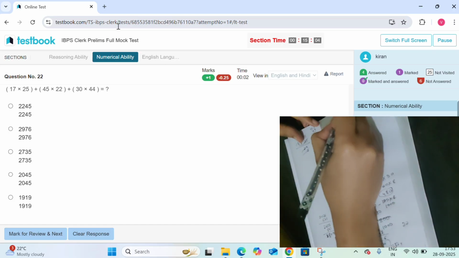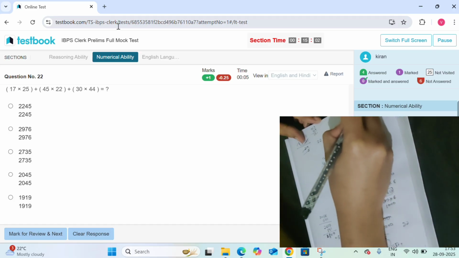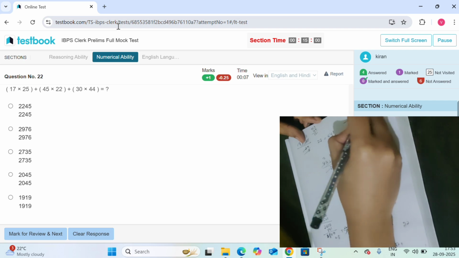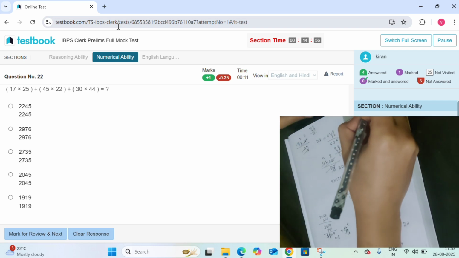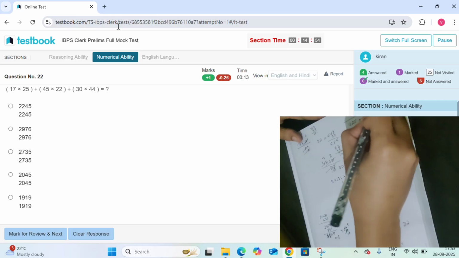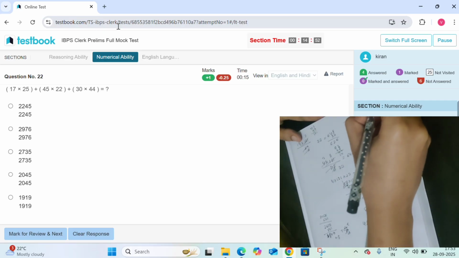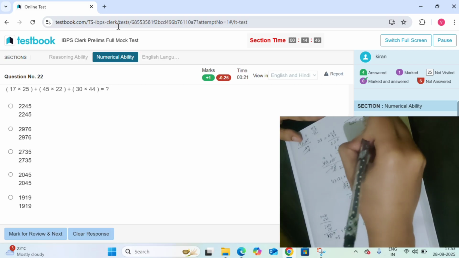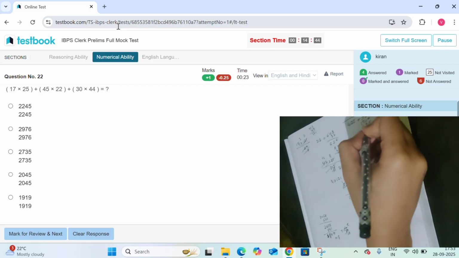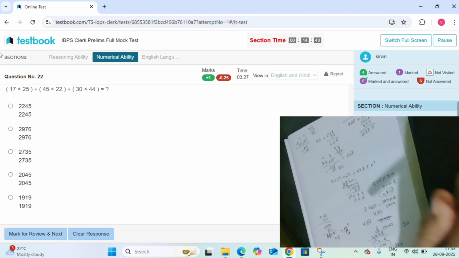17 into 25, 340 and 85, that is 425, plus 45 into 2, that is 90, 990, plus 44 into 3, that is 1320, right? 1320 and 425, okay, done, 2735.